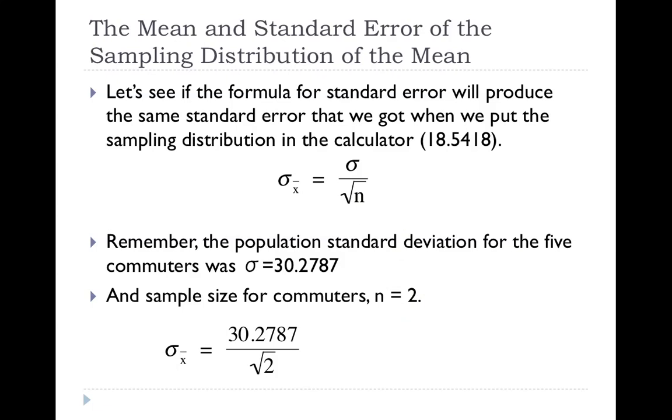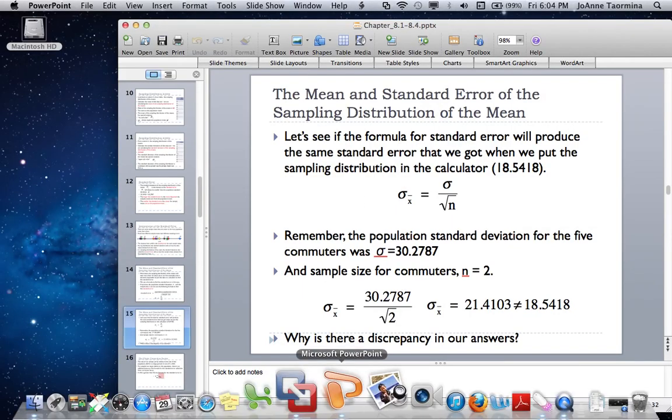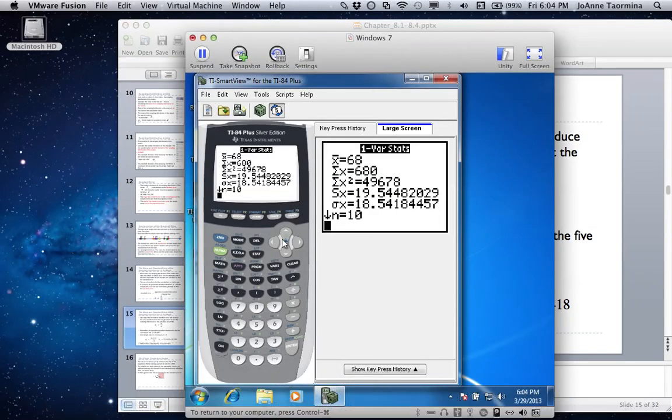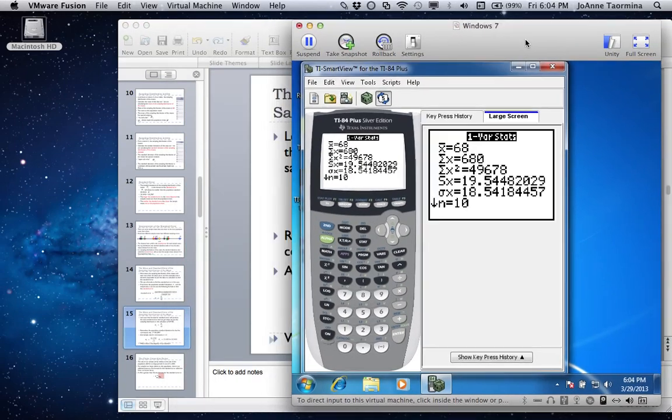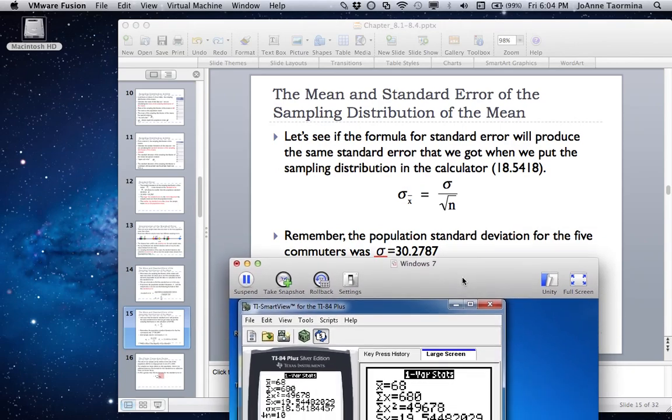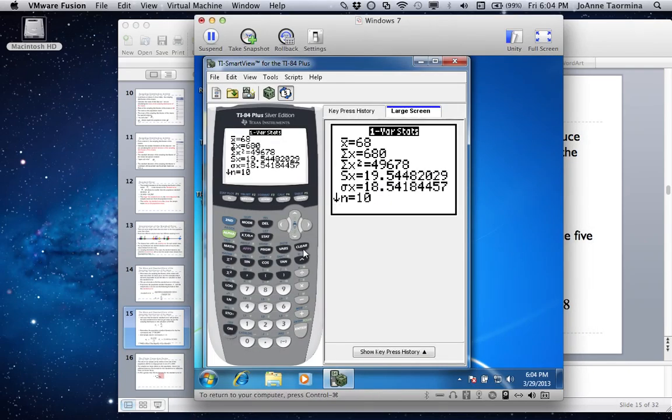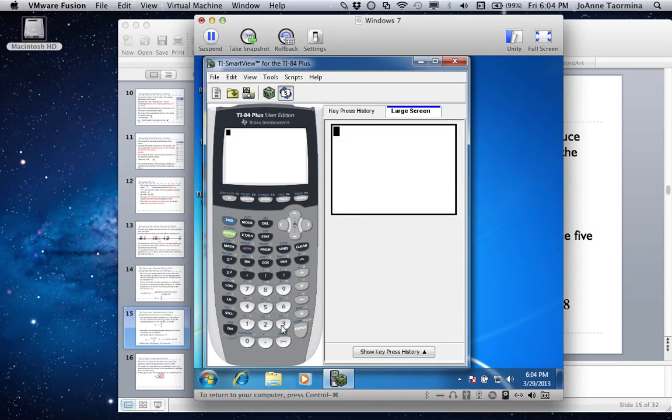If we put this in the formula, 30.2787 divided by the square root of 2. I don't know if we've seen the square root key on our calculator yet. If you haven't seen it before, it's here in blue, above the x squared key.